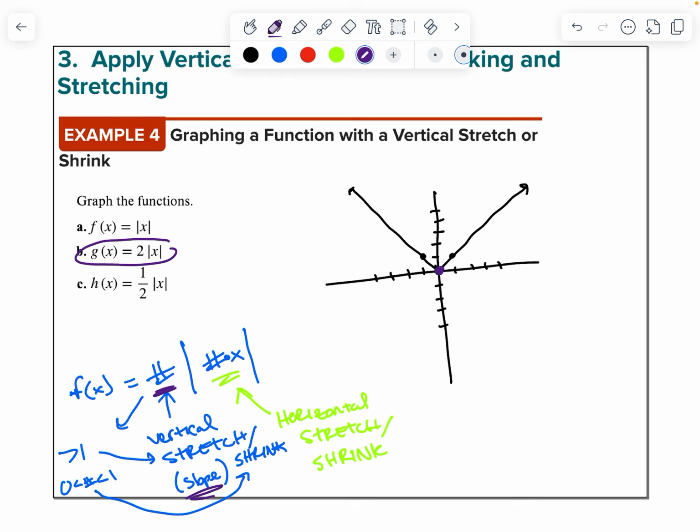Start with our original point. 2 times 0, that's 0. All right, 2 times 1, that would be 2. Again, the y value, 2 times 1 would be 2. And notice that it's sloped up more. It's steeper. It was a vertical stretch.